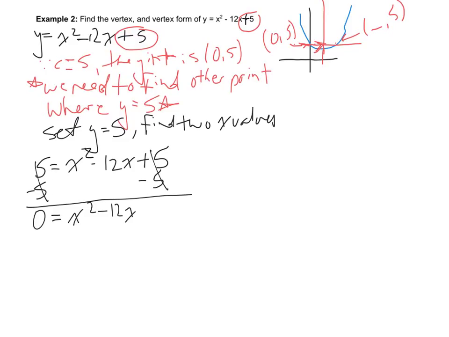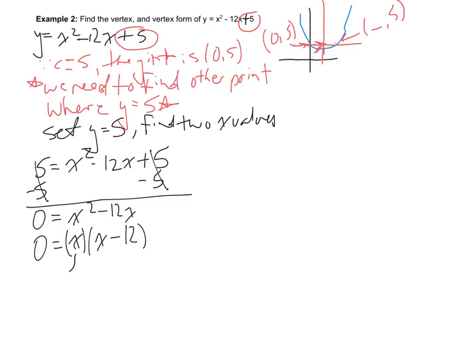Now I do something called partial factoring, and I think about any common factors, and both of these terms can be factored by x. So I write 0 equals x bracket x minus 12. Now I've partially factored it and I stop. So now I'm going to use these two terms and break it into two situations to figure out our two times that y equals 5.